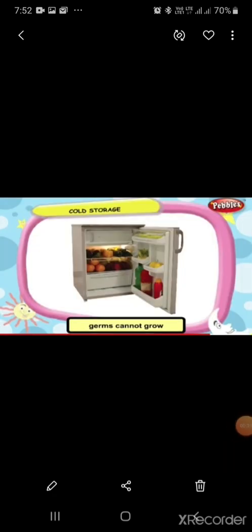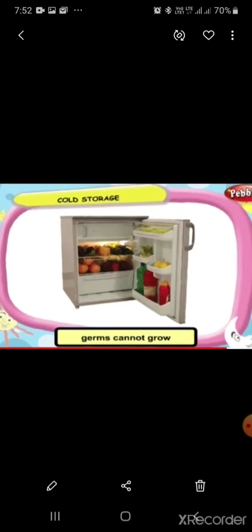Food spoiling bacteria do not grow and multiply in cold conditions or at low temperature. So when food like milk, cooked food, cooked vegetables and pulses, and fresh fruits and vegetables are kept in cool places like refrigerators, they do not get spoiled.